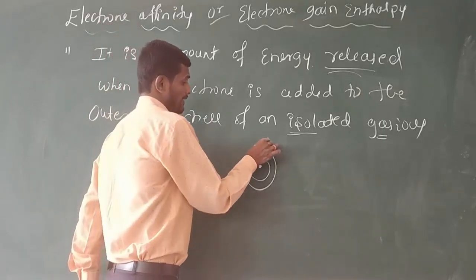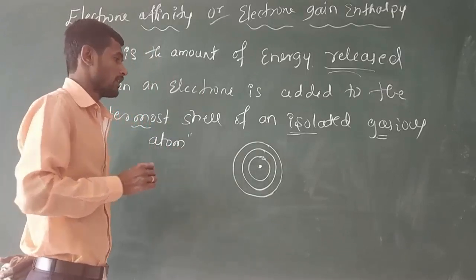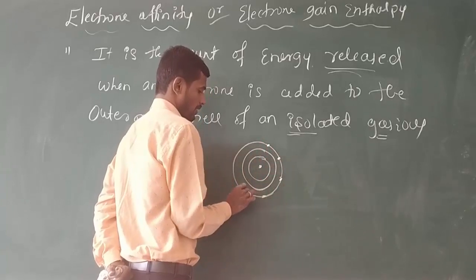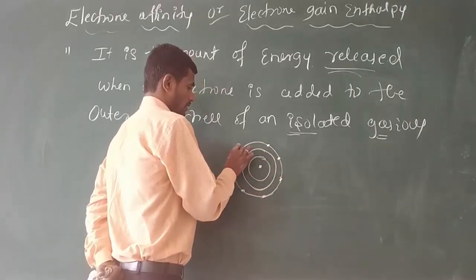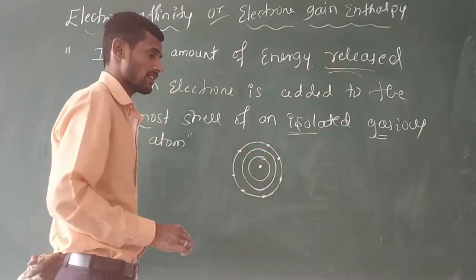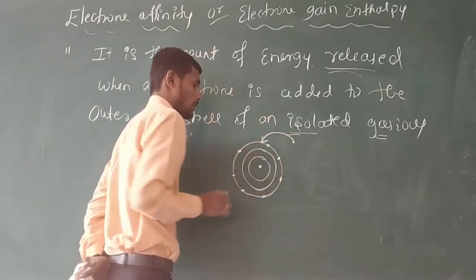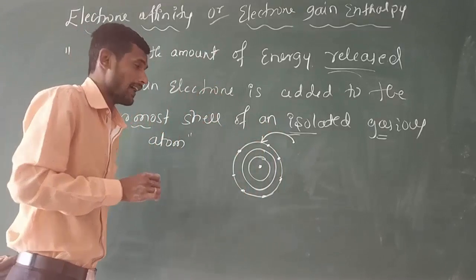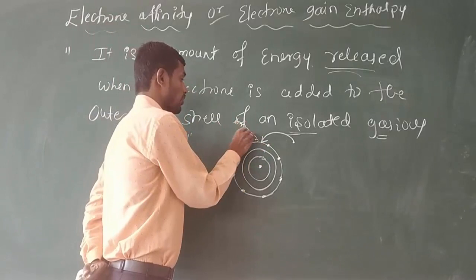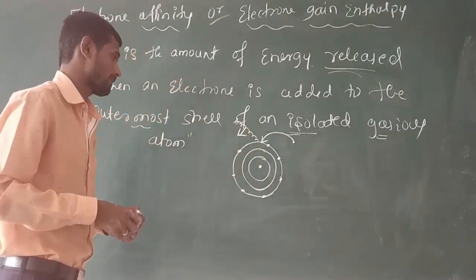If I take one example which contains 7 valence electrons in the outermost shell, and if you add one extra electron to that outermost shell, at that time it releases some energy. That energy is called electron affinity or electron gain enthalpy.